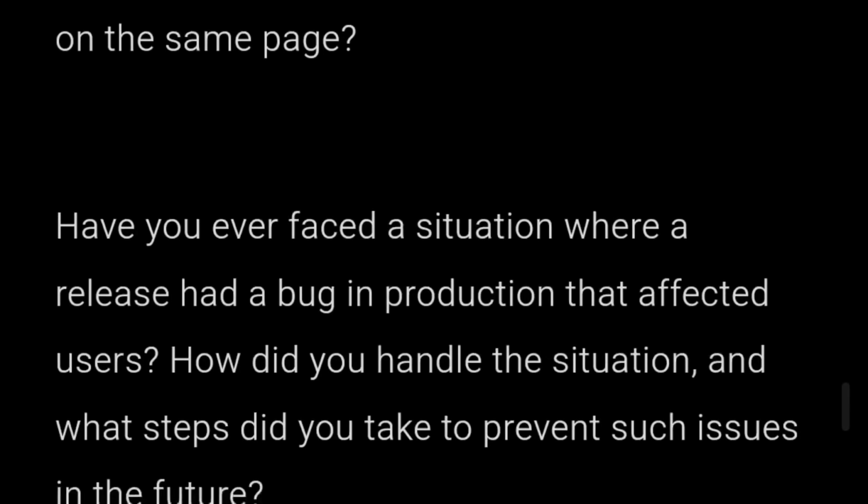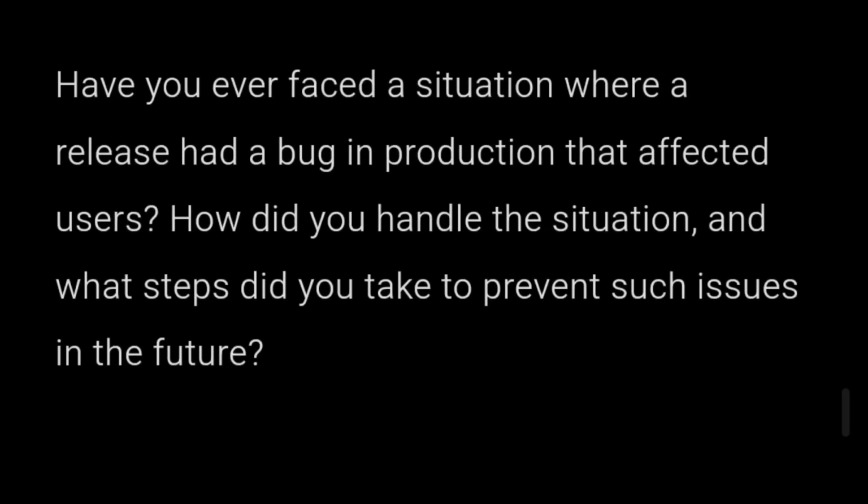And moving to the further question: have you faced a situation where a release had a bug in production that affected users, and how did you handle the situation, and what steps do you take to prevent such issues in the future?